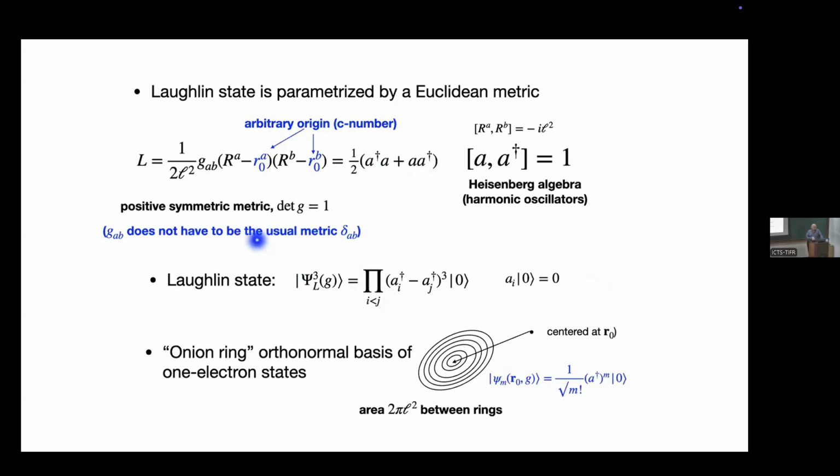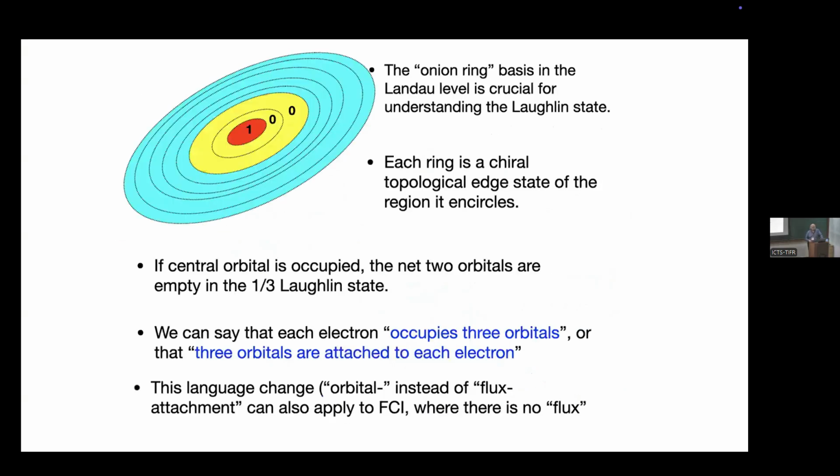So again, I emphasize this onion ring type basis within a Landau level, where it's really not necessarily circular, but elliptical orbits parameterized by a quadratic form centered on some arbitrary point. And there's one flux quantum between each of these rings I put here, right?